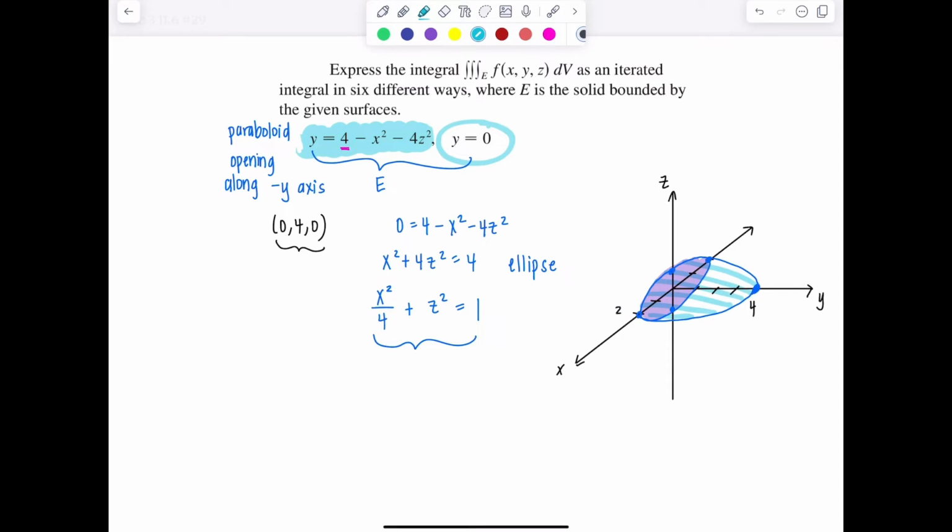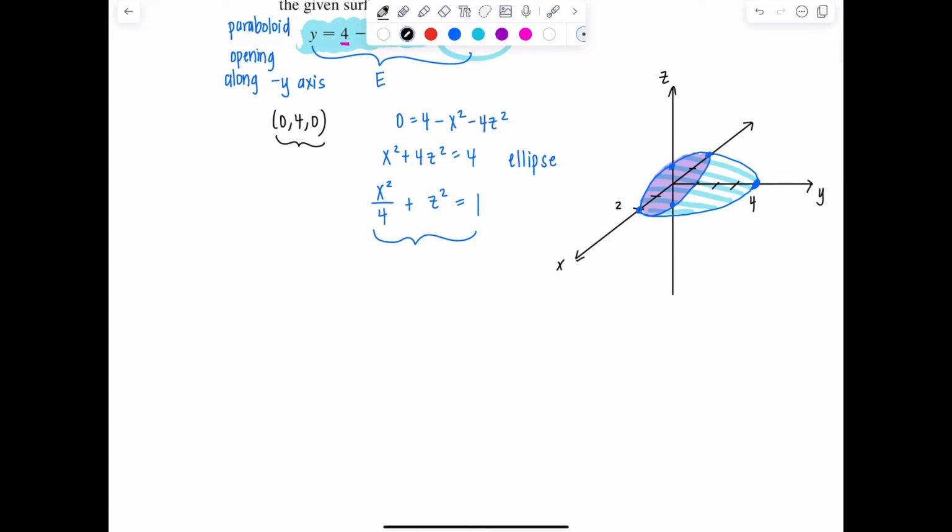Let's start off. The most natural order is to use the xz plane as the base of our integration region, E. What you want to do is draw the base region, just give yourself a little 2D graph, so you can set up the bounds for your integrals more easily.